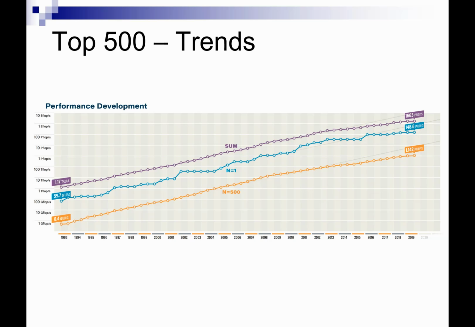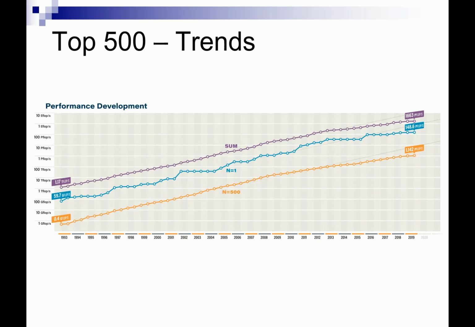The orange line below that is the performance of the slowest computer in the top 500 list, the 500th fastest computer. You can see that for last year, this computer only did about 1 petaflop. So that's about 150 times slower than the fastest computer on the list.